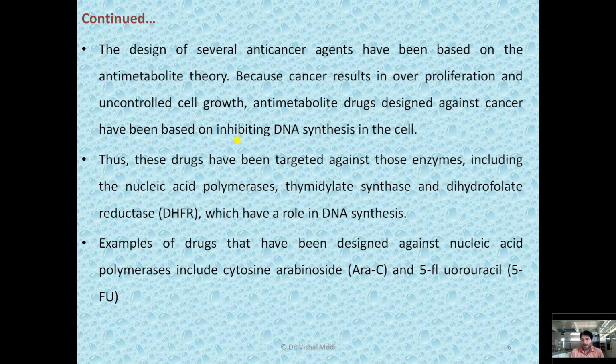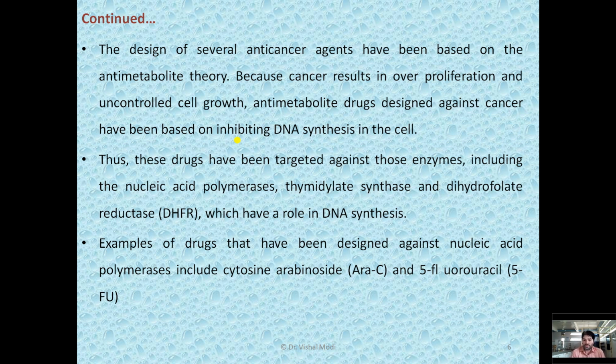The design of several anti-cancer agents has been based on the antimetabolite theory, because cancer results in over-proliferation and uncontrolled cell growth. Antimetabolite drugs designed against cancer have been based on inhibiting DNA synthesis in these cells. So, these drugs have been targeted against enzymes including nucleic acid polymerase, thymidylate synthase and dihydrofolate reductase, which have a role in DNA synthesis.